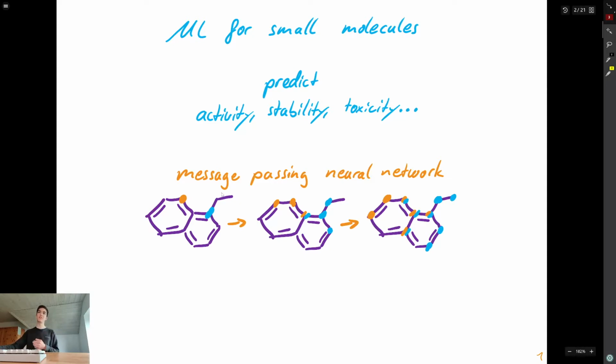Then we just do message passing, use some GNN on this molecular graph and end up with some node embeddings that we then pool in a final step to end up with a fixed size representation that we put through another MLP to predict some properties like the activity or the stability or toxicity of a molecule, which is of course important information.